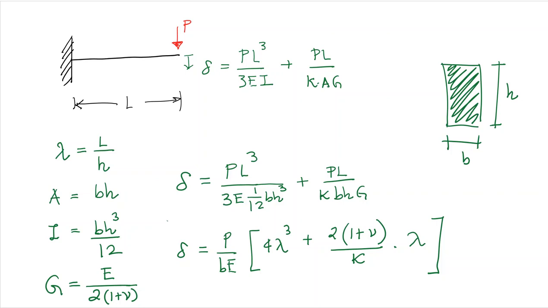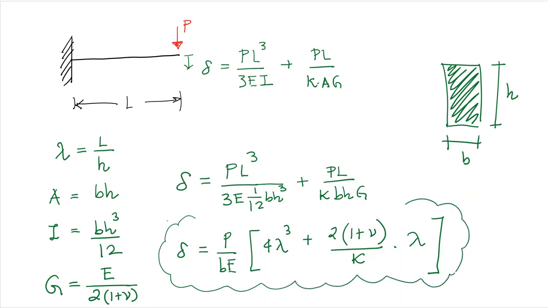If we start by taking a rectangular cross section, height H, width B, and we look at the classical result from structural analysis, PL cubed over 3EI plus PL over kappa GA to account for shear deformations, we can substitute in the formulas and get an expression in terms of a few interesting constants.